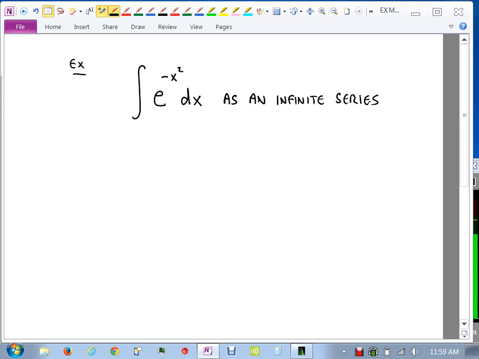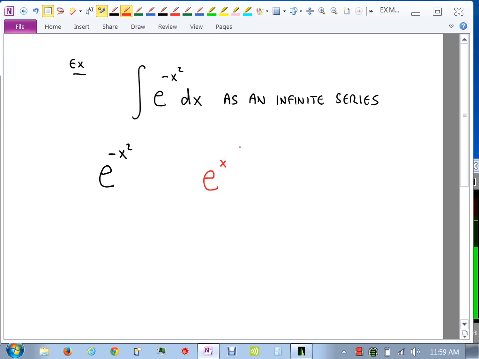So what I'm going to do first is rewrite this integral. Well, no, don't do the integral. I want to look at e to the negative x squared. Go to your table, and let's look at the Maclaurin series for e to the x.